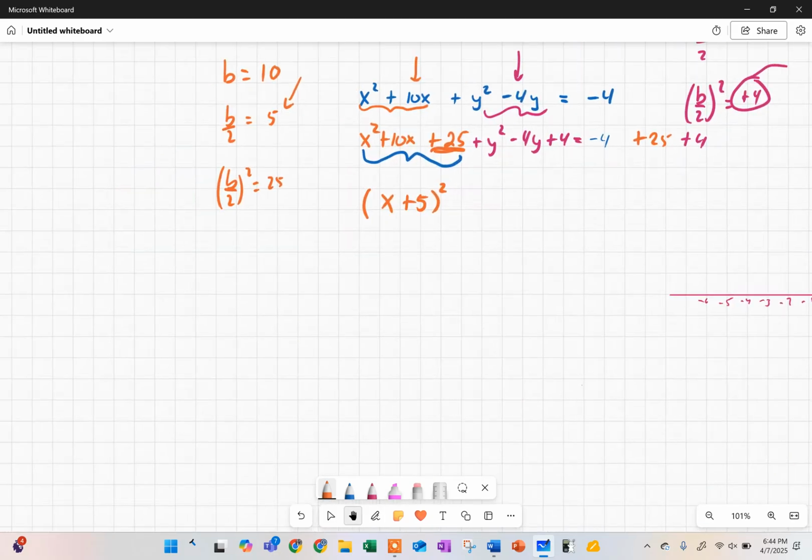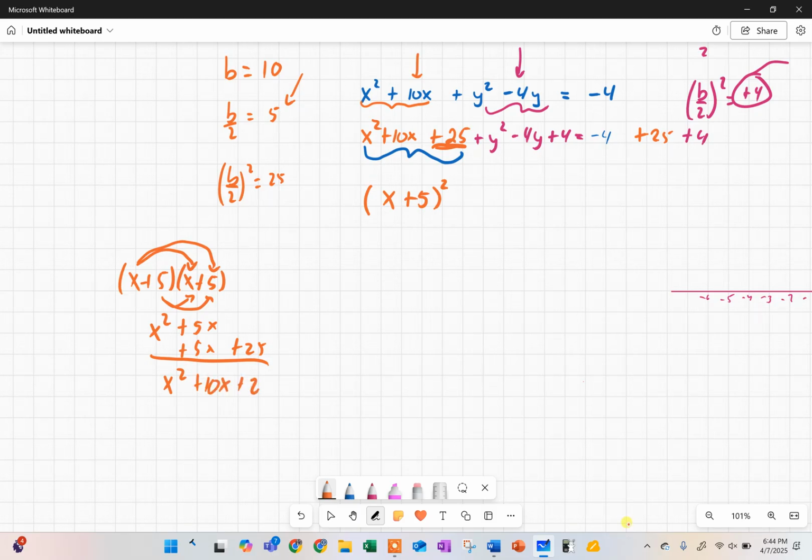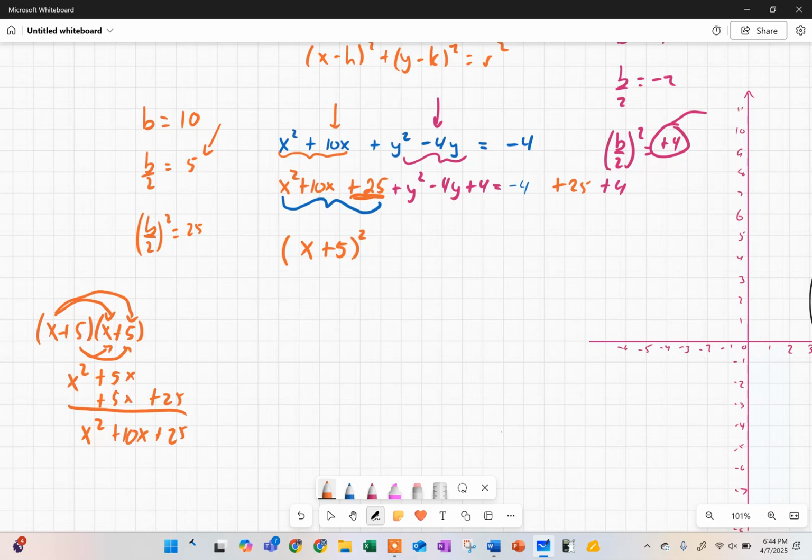Now, you might be wondering, why on earth did that happen? (x + 5) times (x + 5) is x², plus 5x, plus 5x, and plus 25. And when I combine like terms, I get x² + 10x + 25. And that's what I want. I want a binomial that's squared.